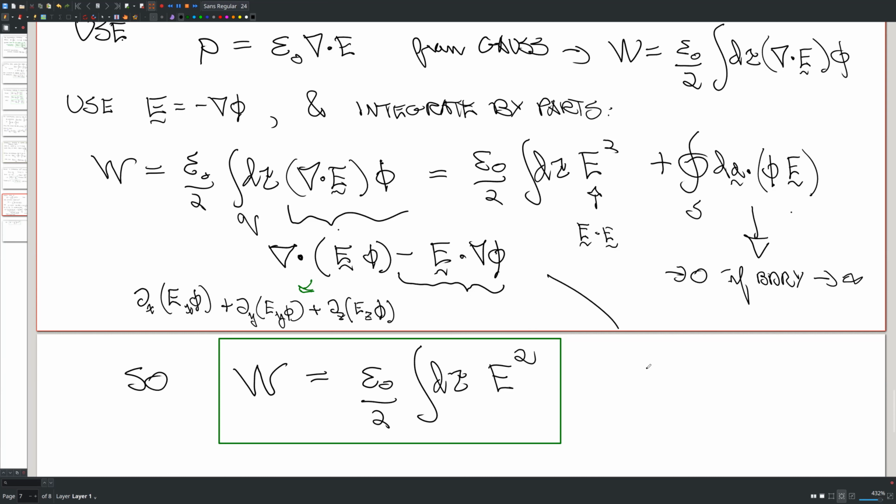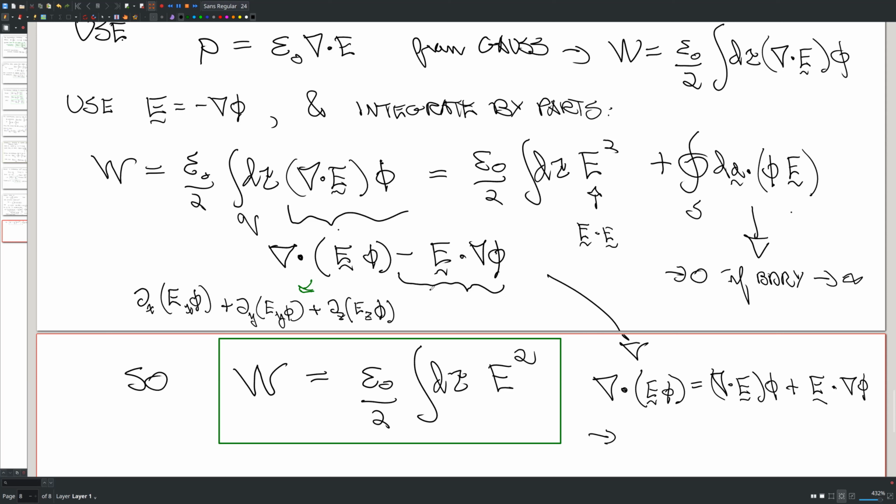The identity I've used here is that the divergence of E phi is the divergence of E times phi plus E dotted into the gradient of phi. And therefore, what I have here is equal to this minus this.